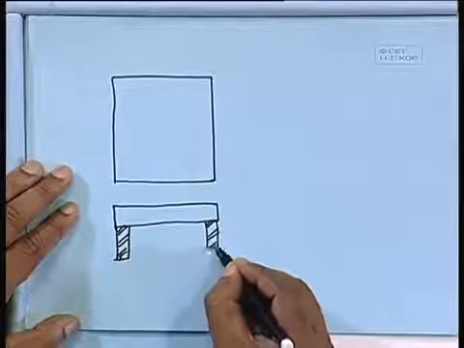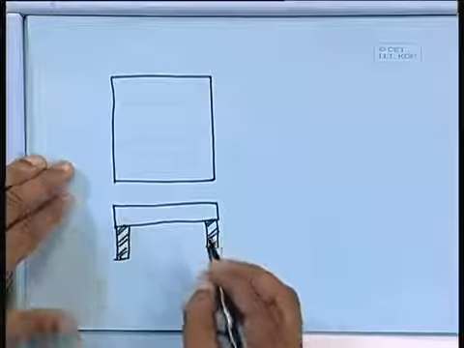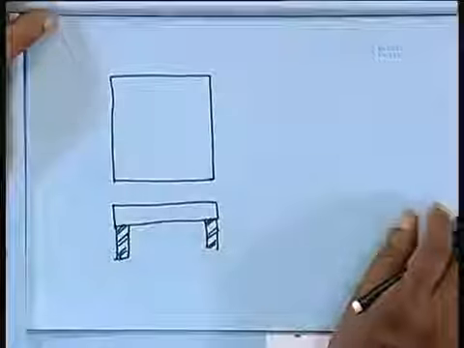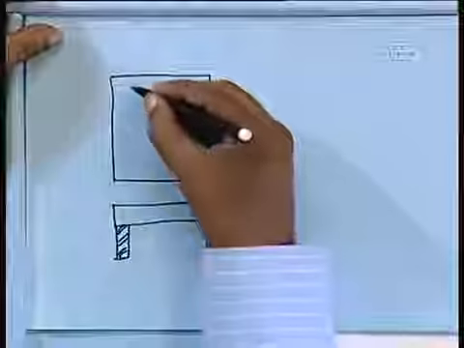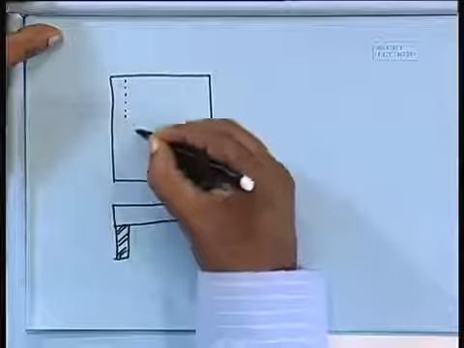This is the symbol of masonry. Our reinforcement, what we shall provide, I think we can keep the dotted line here. This is the support.